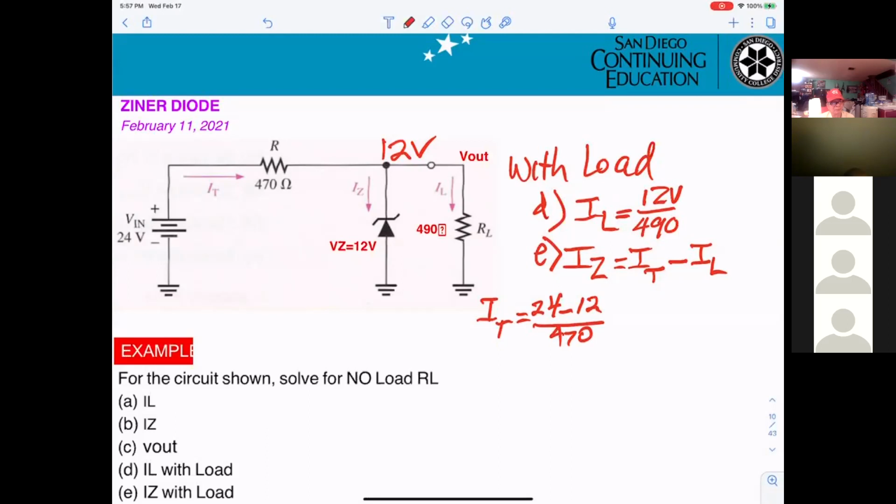I feel like I don't even know how to explain my question. Here's a quick interpretation. You have 24 volts and you have 12 volts. The VZ equals 12 volts, the breakdown voltage of the Zener diode, correct? If you were to go to a store, you're buying a component that is only going to allow 12 volts to flow through it.